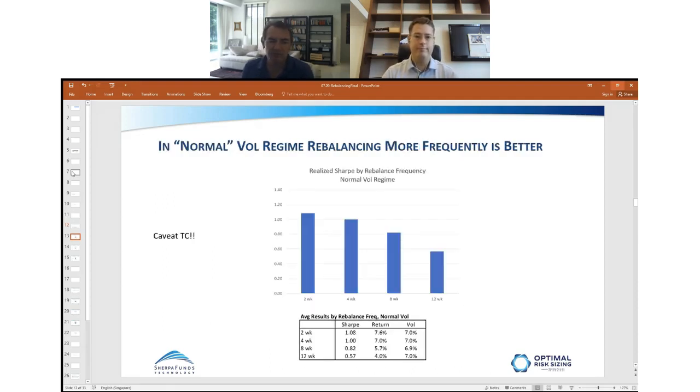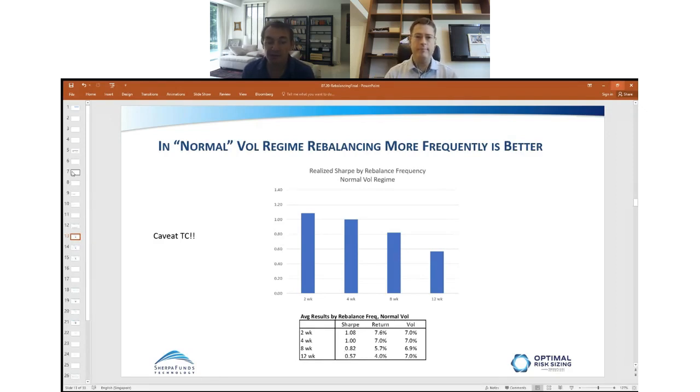So let's look at what happens as you increase or decrease volatility. The blue bars are the Sharpe of your portfolio. And remember, it's that portfolio of 40 EM stocks, benchmark relative. So the Sharpe of the benchmark relative returns for different rebalancing frequencies at the volatility that the market typically had, where the index was about 25 vol. Now, transaction costs are set here, I think, at 25 basis points for every trade. This is an EM portfolio, so that's reasonable.